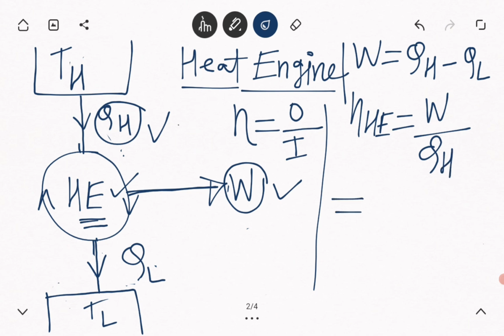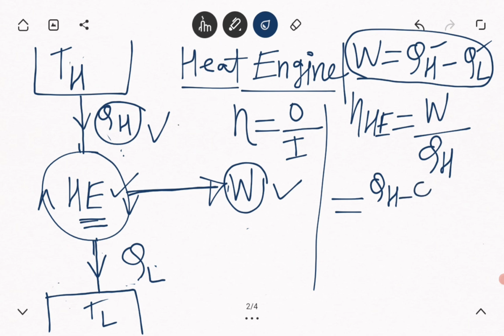We already know the mechanical work is QH minus QL. So I can write W is equal to QH minus QL divided by QH. I can rewrite this again.